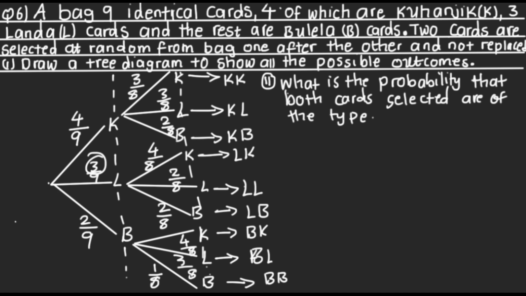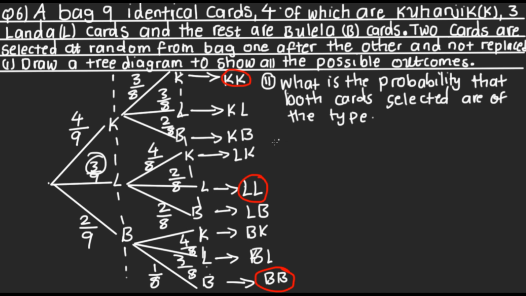Since we want the same type, from the possible outcomes, I'm going to choose where I have the same letters. So KK is same type, LL is same type, BB is same type. So that is the concept.